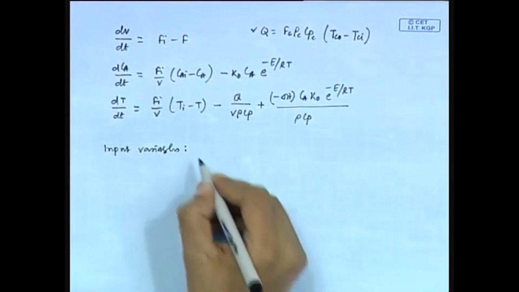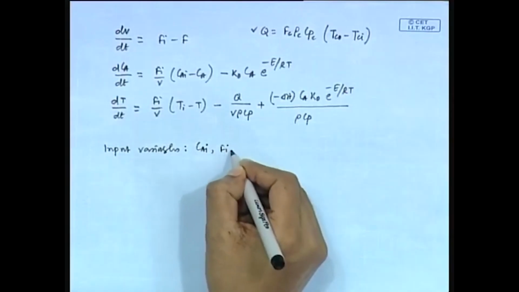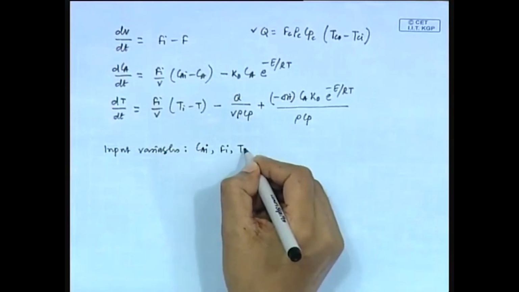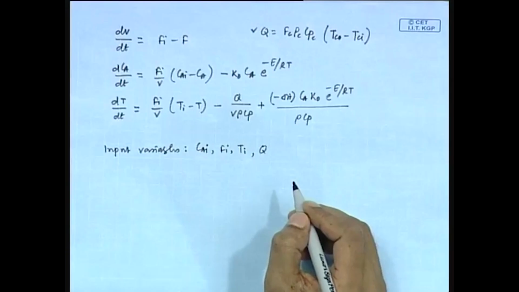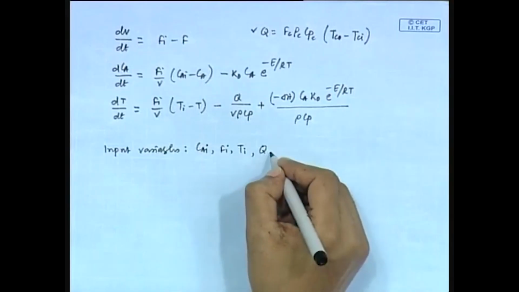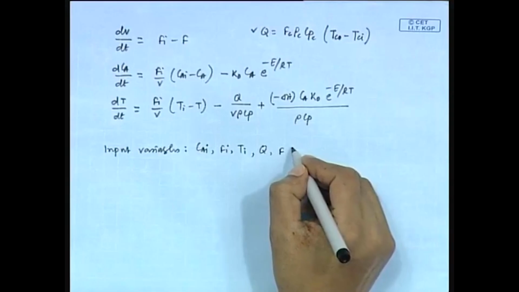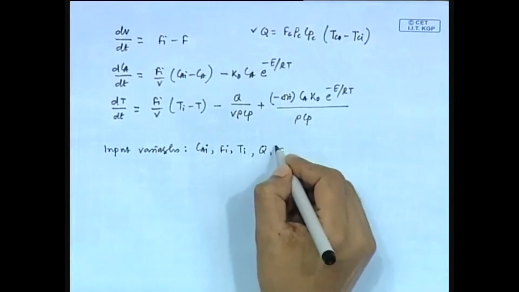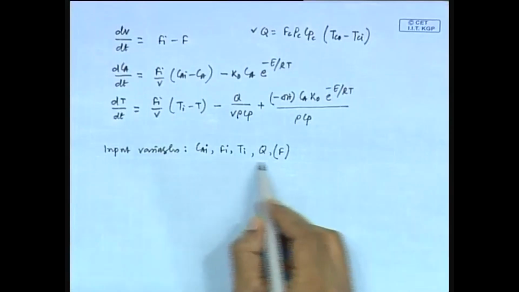Input variables are CAi, then Fi, then Ti, then Q. We are not considering Fc and TCi, we are considering Q, and F. Definitely F will be an input variable if this is considered as the manipulated variable for controlling the liquid height or liquid volume. So, these are the input variables.